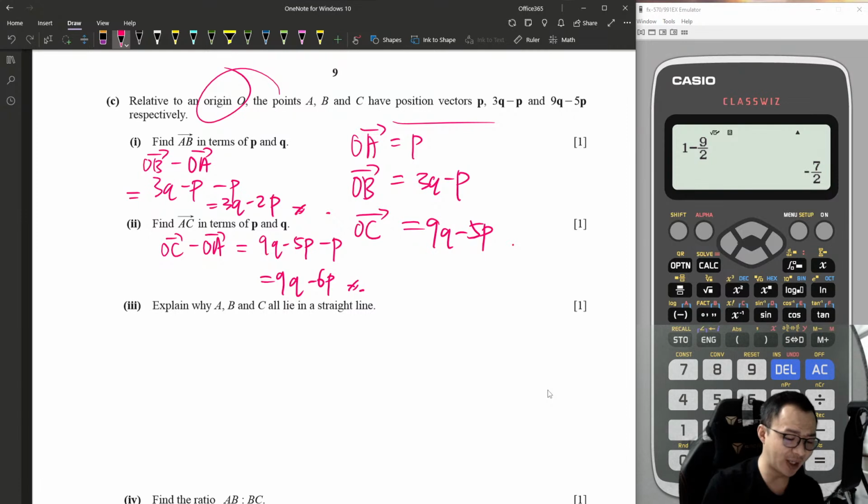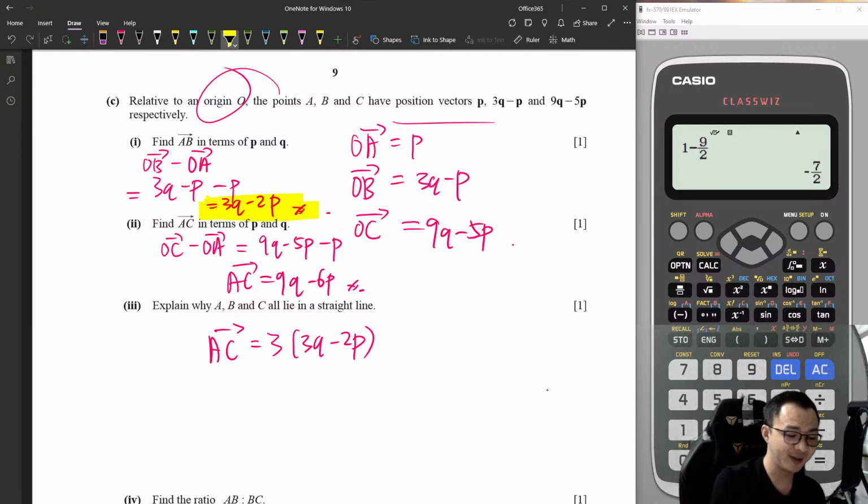Since this is AC, I will factorize out the 3: AC equals 3 times (3Q minus 2P). And what is 3Q minus 2P? If you see carefully, it is basically AB. So AC equals 3AB.